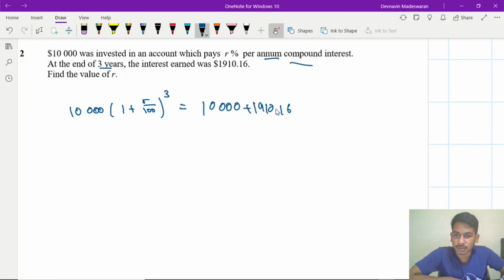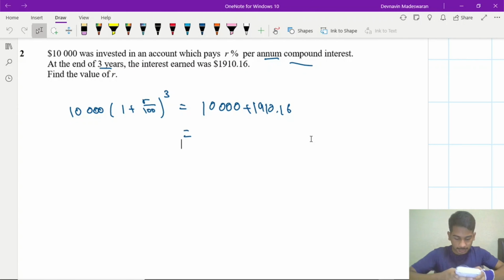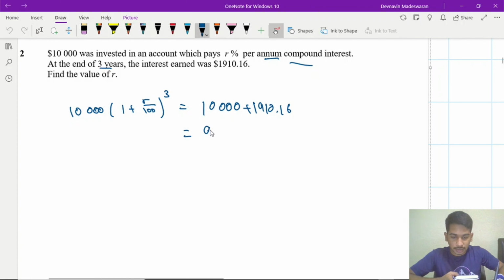Okay, so let's solve this. The right hand side is going to be equal to, I've got to my calculator, 10,000 plus 1910.16. That's going to give us 11910.16.